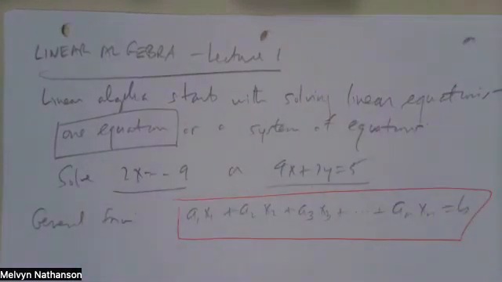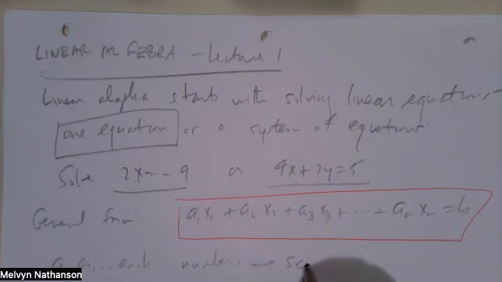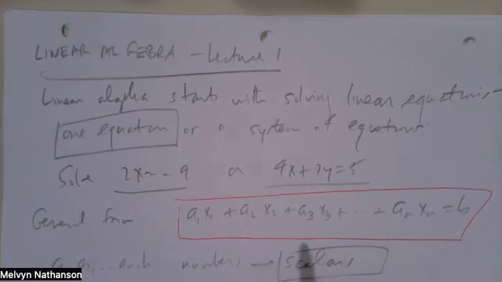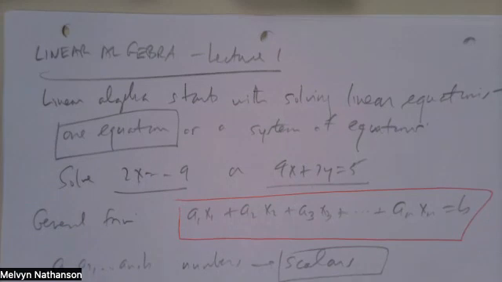So this is what one linear equation in n variables looks like. a1, a2 up to an, these are the coefficients, and b, this number on the right-hand side, these are numbers which in linear algebra are called scalars. So for some reason, in linear algebra, scalar means a number. So I'll usually call these things scalars instead of numbers.